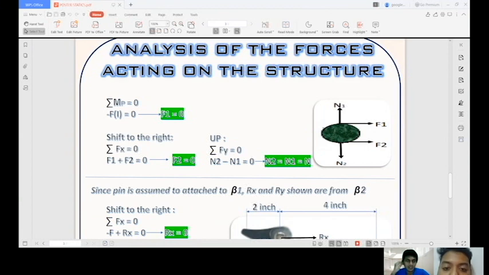When the force shifts to the right, total Fx equals 0, so F1 plus F2 equals 0. So we can conclude that F2 equals 0. And when the force is up, total Fy equals 0, and N2 minus N1 equals 0. So we come out with the equation N2 equals N1, which is equal to N.